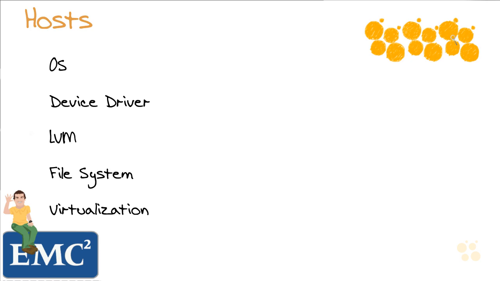Here you can see some key components today about a typical host. We have the operating system, of course, on that host. And these days, more than ever, you see virtualization when it comes to this operating system.